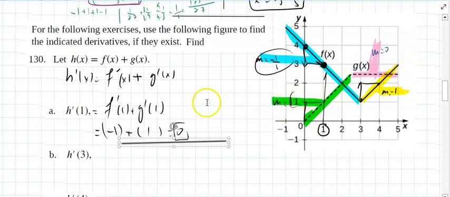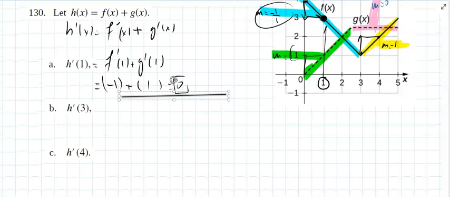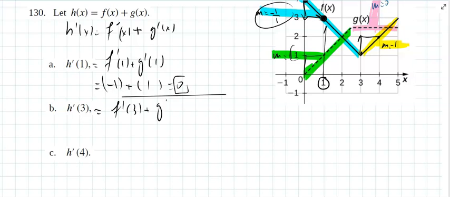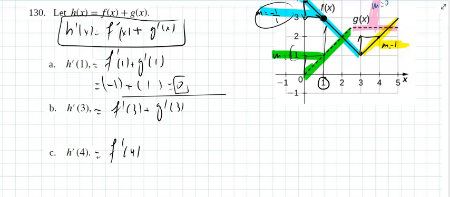And if I go to h prime of 3, that is f prime of 3 plus g prime of 3. Again, it's based on this now. And this is f prime of 4 plus g prime of 4. And that's basically it. So that would be what?